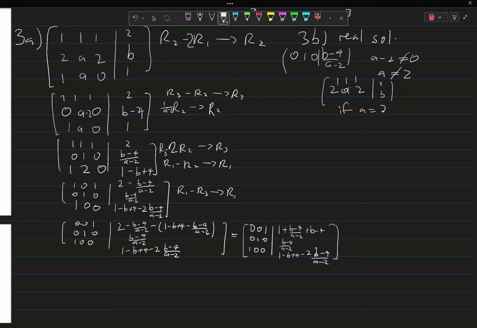If A was 2, then 1, 1, 1 and 2, 2, 2 would cancel out. So we would have 0, 0, 0, and then 1, 1, 1 and B minus 4. So we have no solutions.